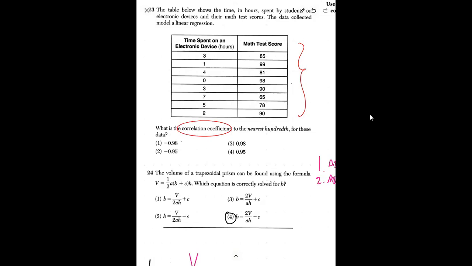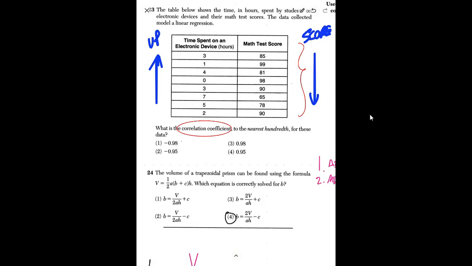So there is what we would say an inverse relation. So when the time that you spend goes up, your score is going to go down. So they go in opposite directions. And also the less time you spend on your devices, the higher your score is going to be, because now you can devote more time to studying.